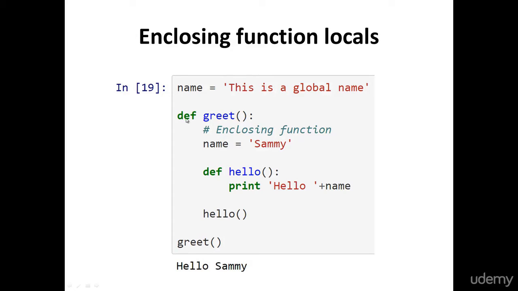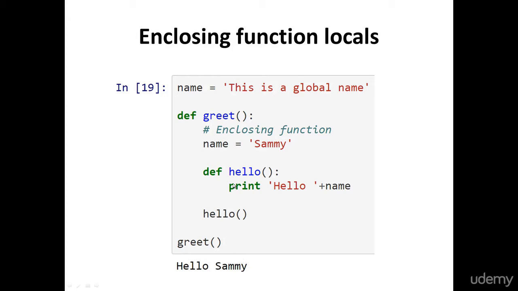Then I create a function called greet with name equals Sammy. And then, something a little new that we haven't seen yet, I put a function within that function, I enclose it, called hello, and it prints hello plus name. Then I call hello in my greet function, and then at the end I call greet. If you notice, it prints hello Sammy.